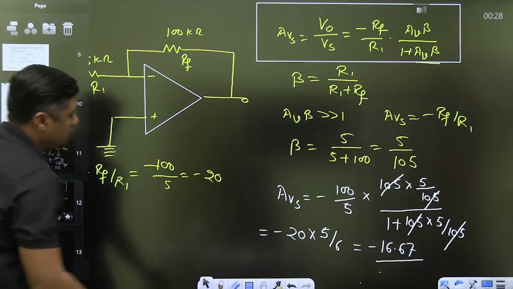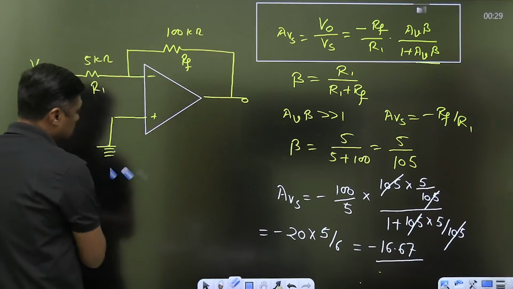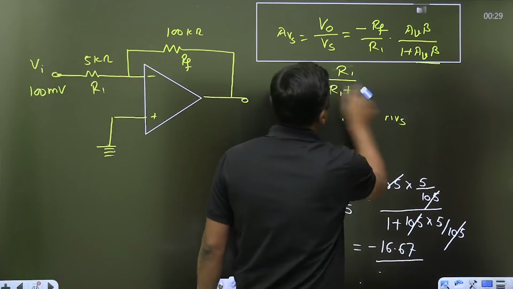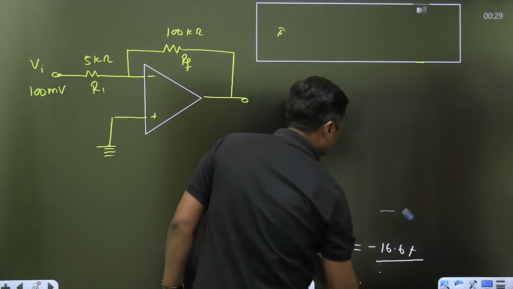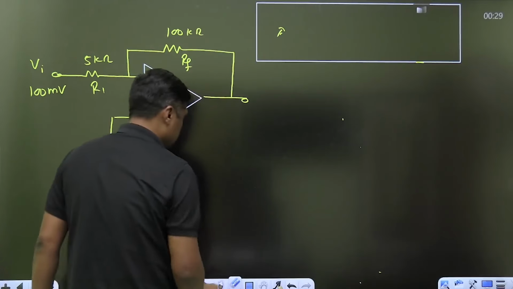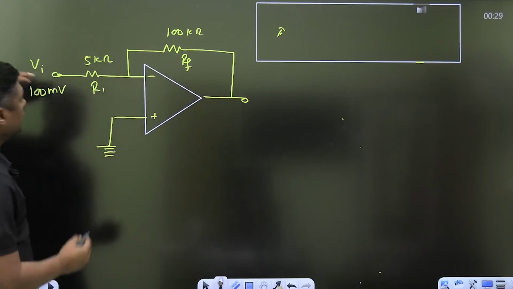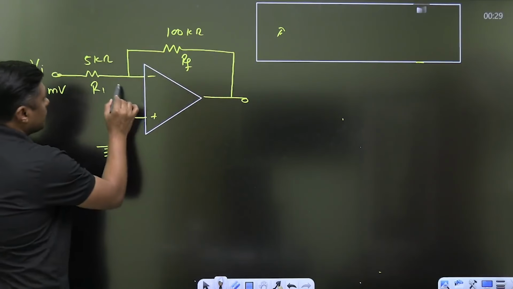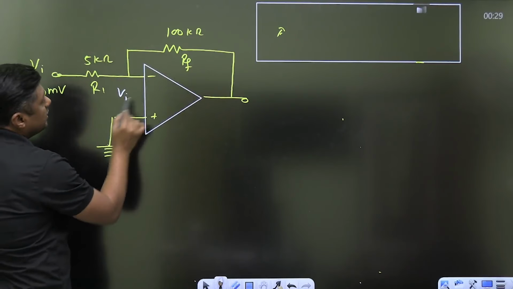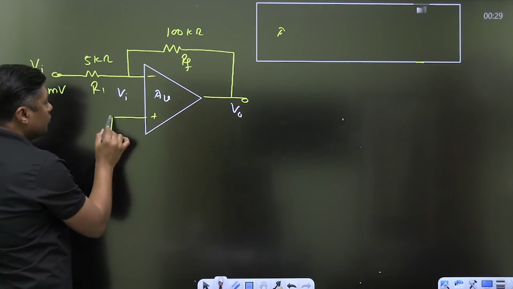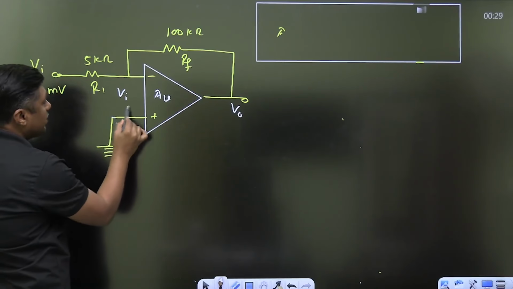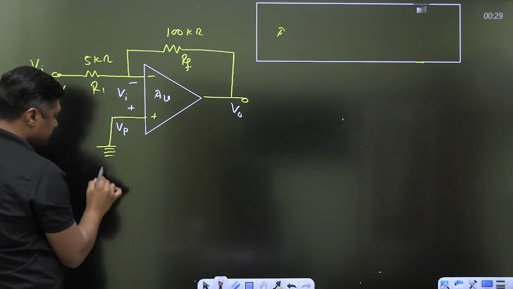Suppose we are not having the formula, then remember this is VI, and that is multiplied with the AV and you will get the output. So VI is what? VP minus VN. Always remember what is the VI.